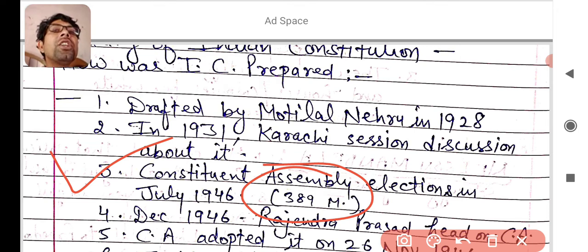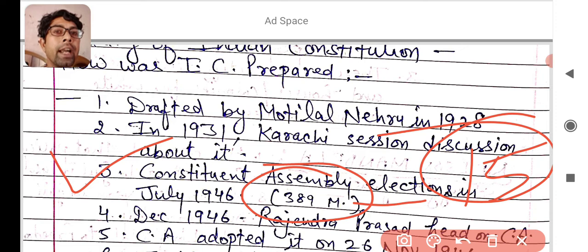There was a Constituent Assembly elected for making the Indian Constitution. And how many members were elected? 389 members. And you also learned that there were 15 female candidates in that Constituent Assembly. Females like Durgabai Deshmukh, Sarojini Naidu, Rajkumari Amrit Kaur.